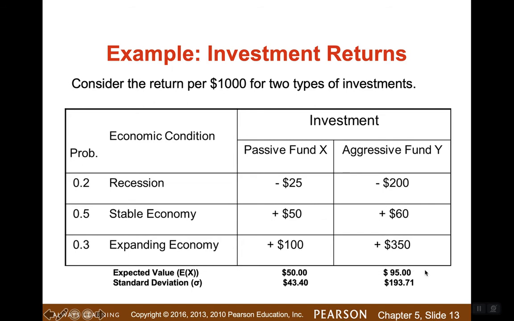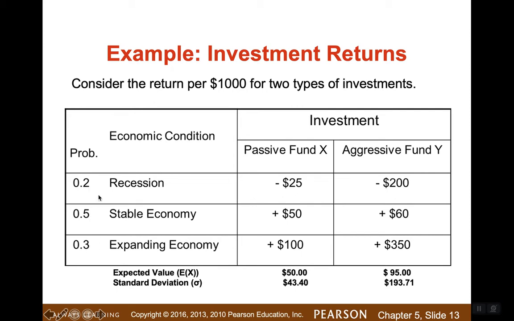So the decision. What decision would we take? Well, it really depends. Looking at these economic conditions, whatever the outcome of the economic conditions, will really drive how the investments will go. We're putting probabilities of 0.2, 0.5, and 0.3.